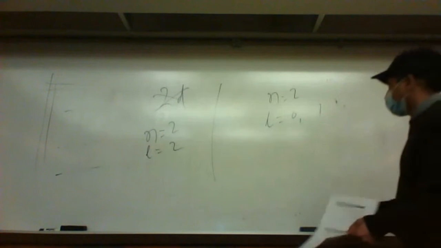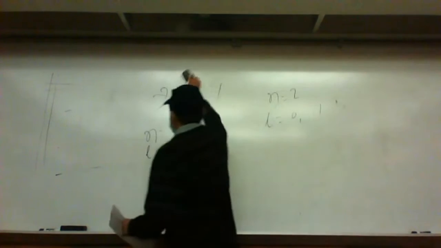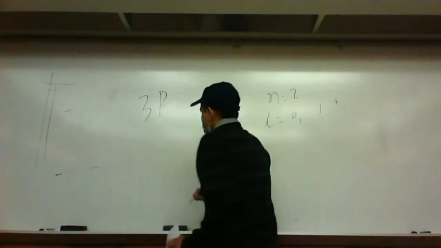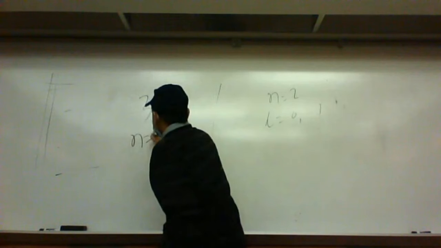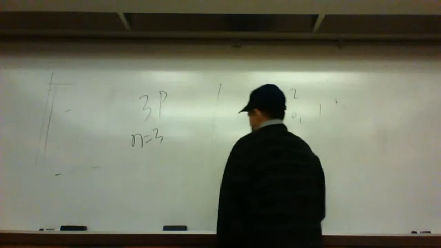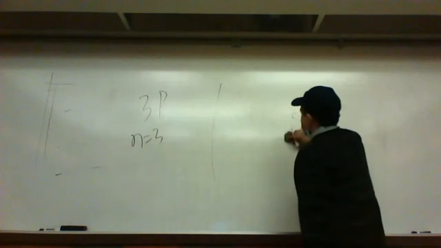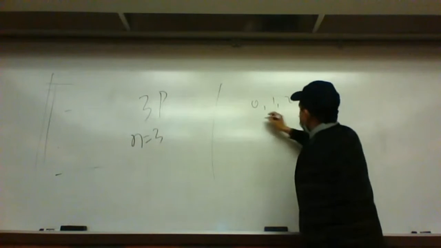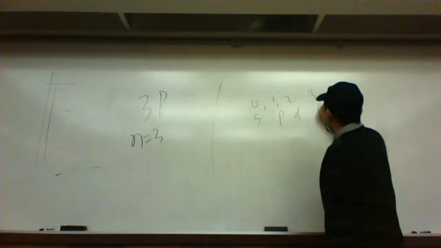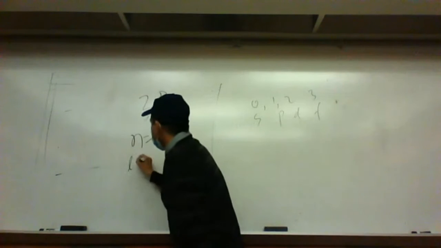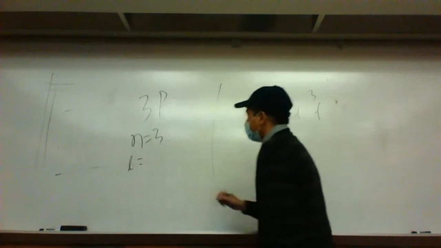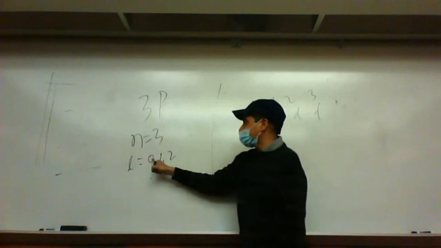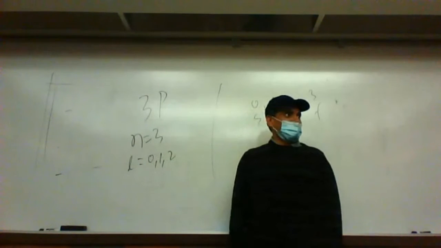How about 3p? Let's look at 3p. Is it possible or not possible? What is n? N equals 3. What is p? So 0, 1, 2, 3: this is S, this is P, this is D, this is F in L. So L equals 0, 1, and 2, because I start from 0 and can't go up to 3.